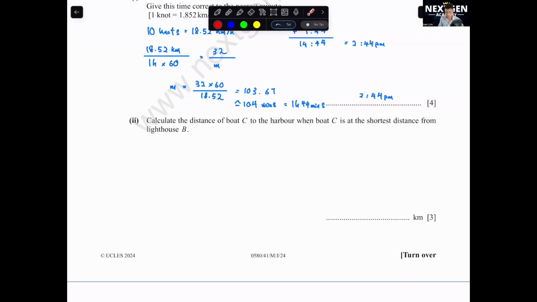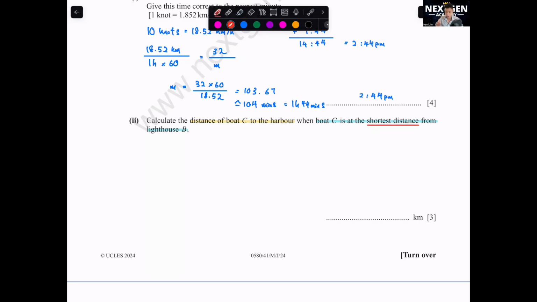All right, let's look at this last question. Calculate the distance of boat C to the harbor when boat C is at the shortest distance from lighthouse B. We're going to split this into two sentences. Distance of boat C to the harbor, when boat C is at the shortest distance from lighthouse B. The keywords I want you all to focus on are shortest distance.